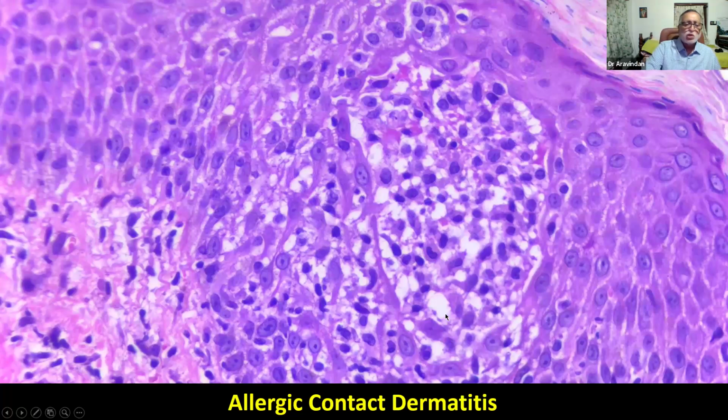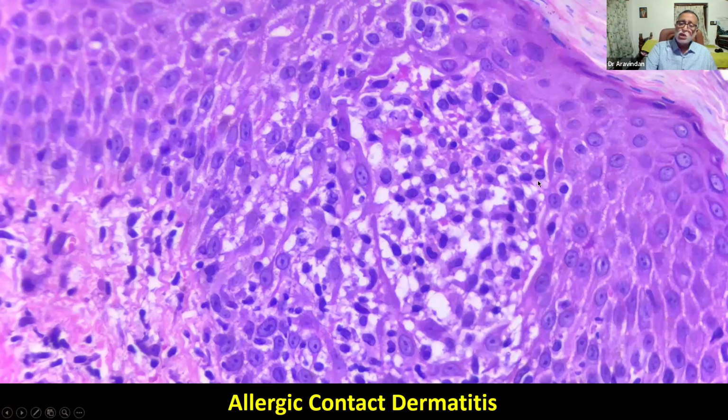So when you find a spongiotic dermatitis with collections of Langerhans cells, then you know that this is probably an allergic contact dermatitis, and you can ask for a history of contact allergy, and there will be some kind of contact allergy.